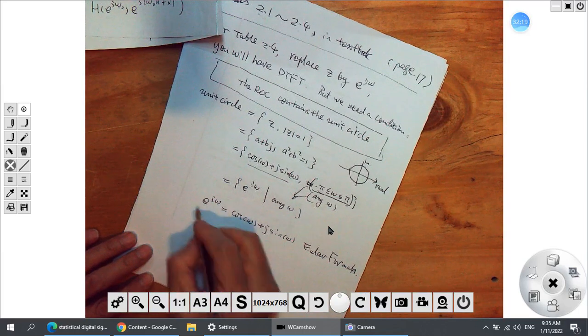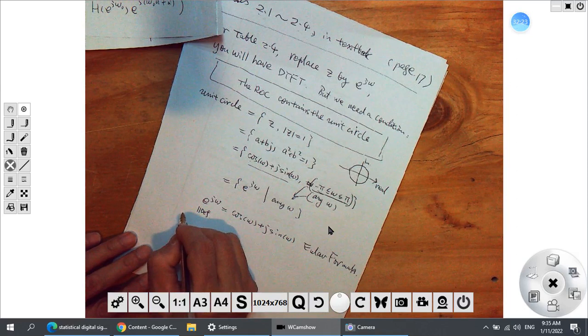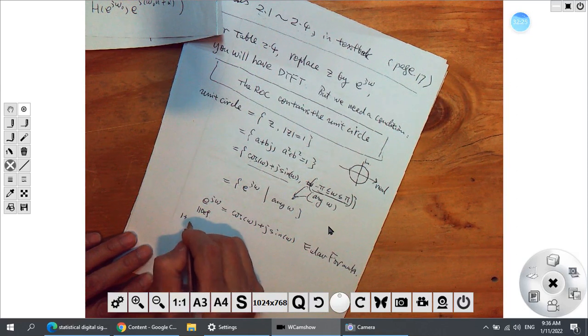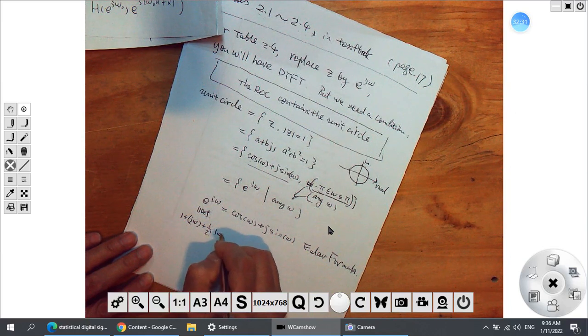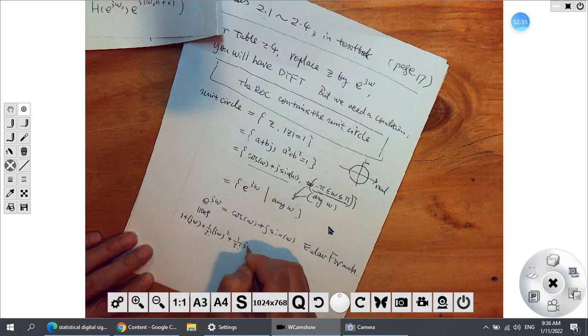By definition, this is 1 plus j omega plus 1 over 2 factorial j omega squared plus 1 over 3 factorial j omega cubed plus, and so on.